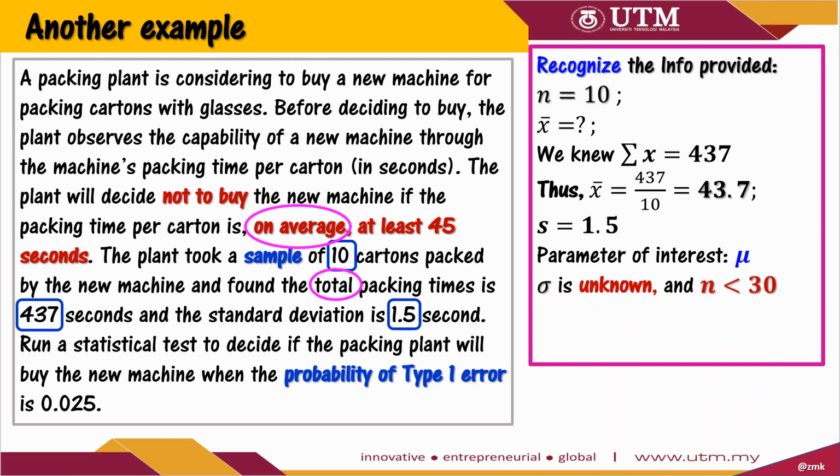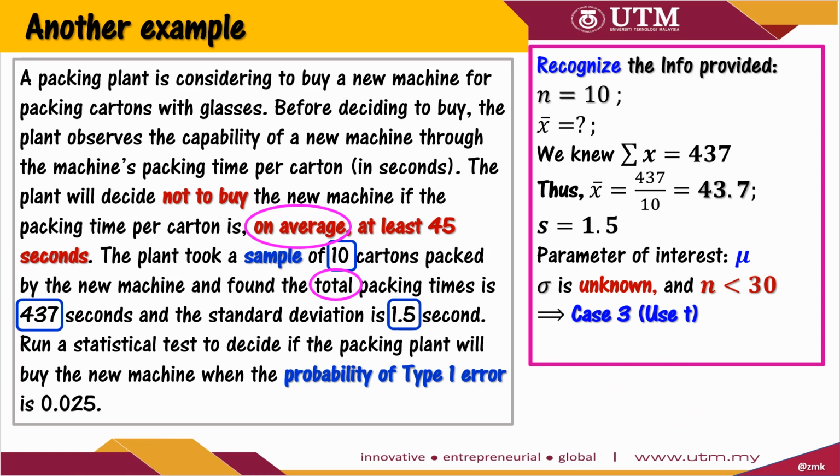Therefore, sigma or sigma squared is unknown. Next, look at the sample size. As we noted earlier, n, the sample size, is 10, which is considered small. Therefore, we have case 3, that is, to use a t-test, not a z-test in this example question.